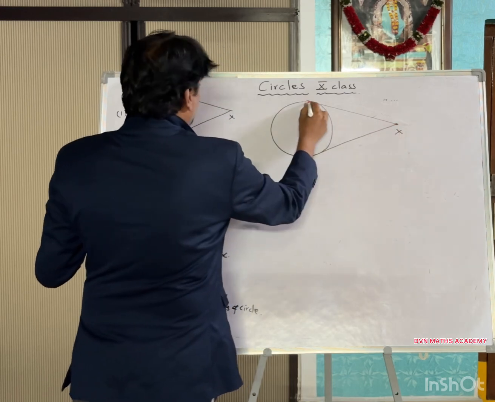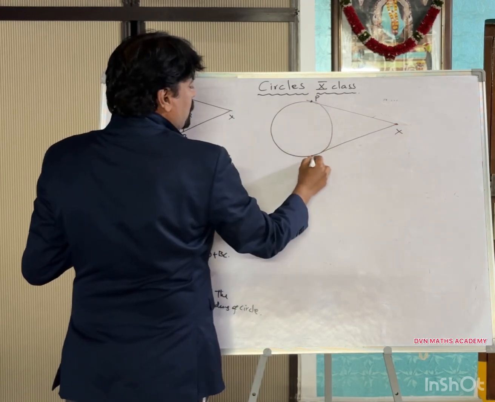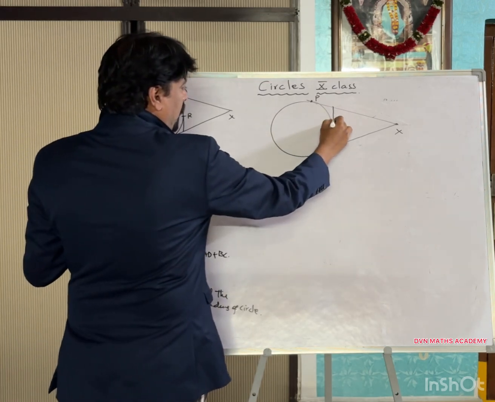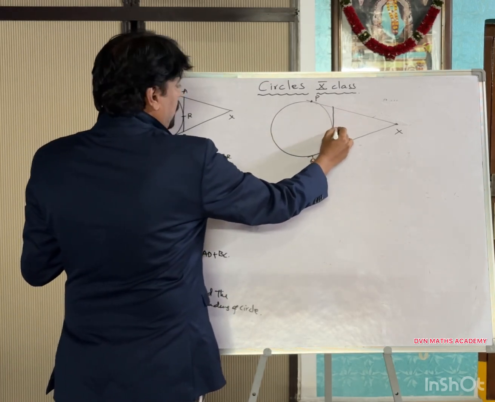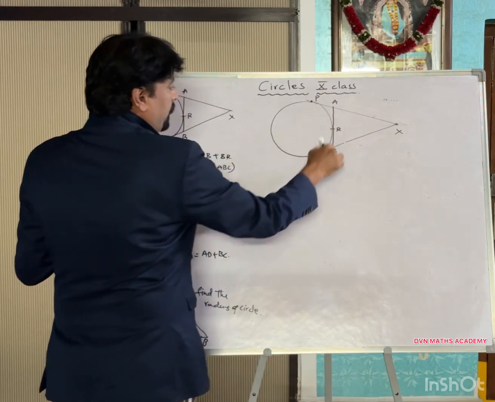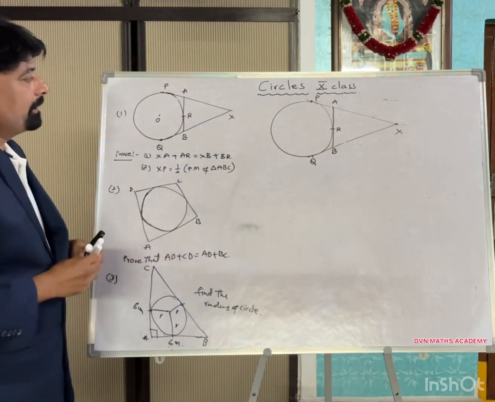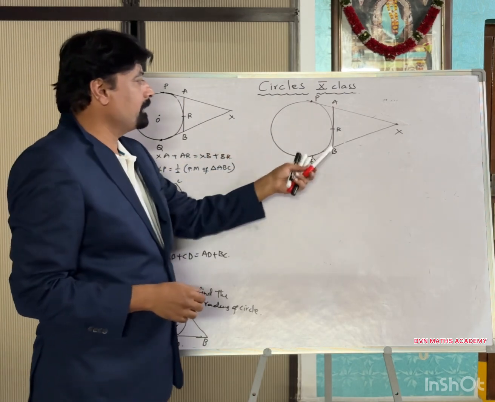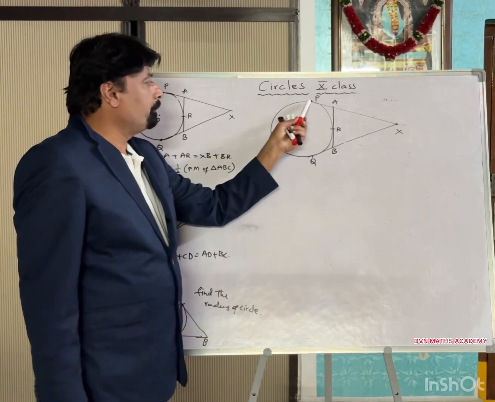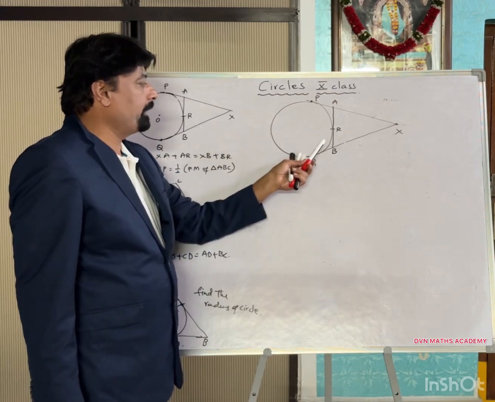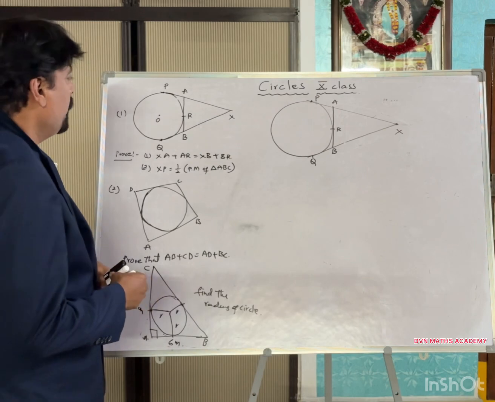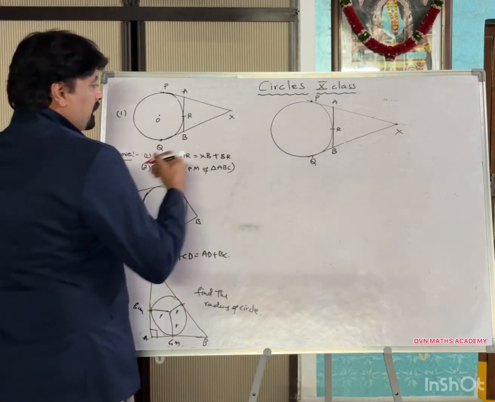XP and XQ are the tangents, and another tangent ARB is drawn like this, touching the circle at R. So XP and XQ are the tangents, and ARB is also a tangent. The points of contact are different. P is a point of contact, Q is a point of contact, and R is also a point of contact. According to the given question, this is the center of the circle.